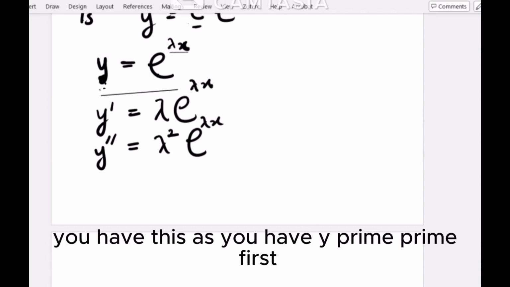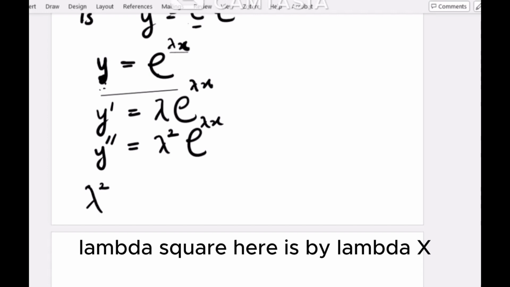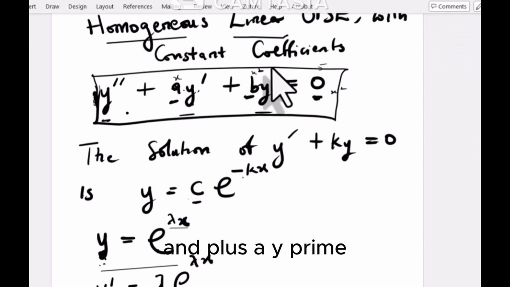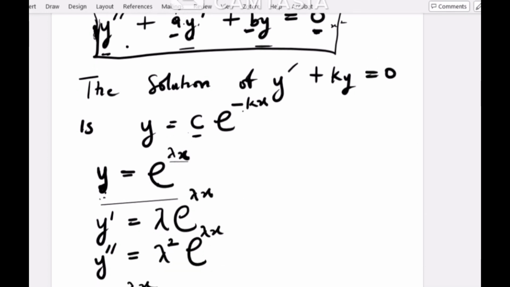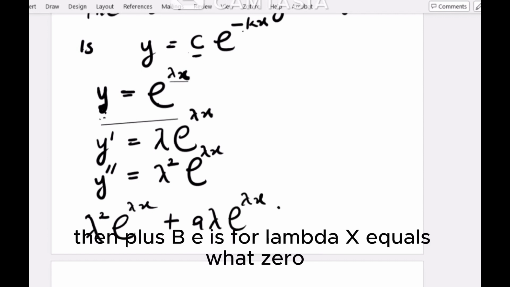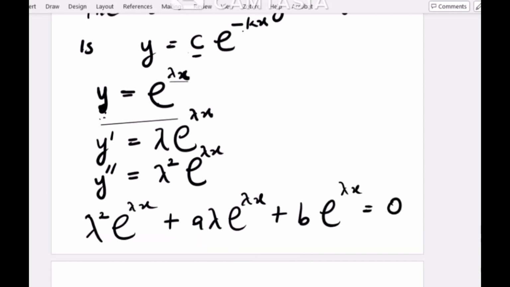You have y'' first, lambda squared e^(lambda x), plus a y', then plus a lambda e^(lambda x), then plus b e^(lambda x) equals 0.